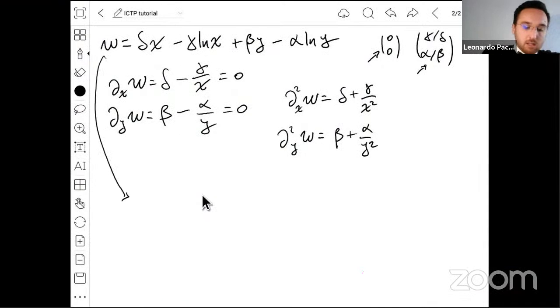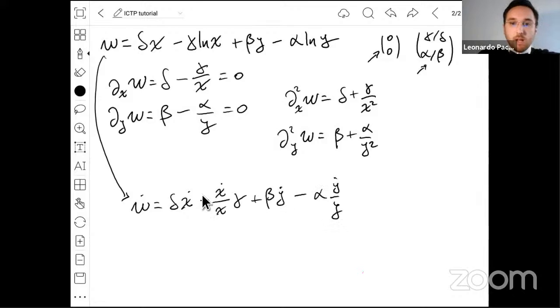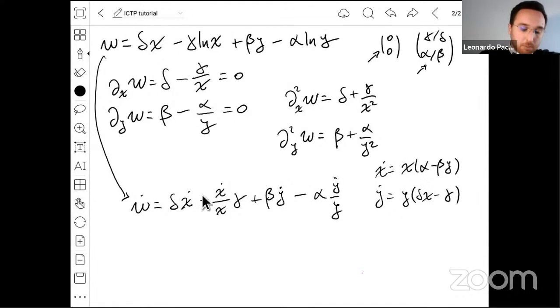You see it's very easy that in this case we have delta x dot minus gamma x dot over x plus beta y dot minus alpha y dot over y. So in order to see how this behaves along the trajectories of the Lotka-Volterra system, we just have to substitute the expressions of y dot and x dot from the Lotka-Volterra system.